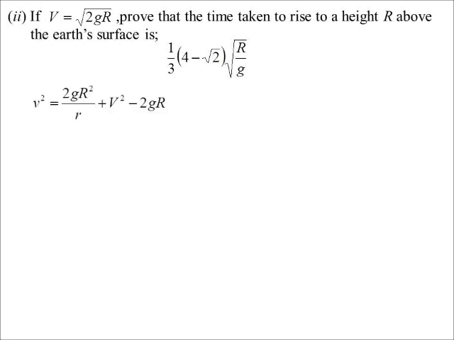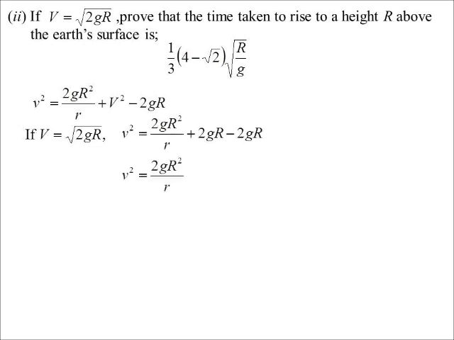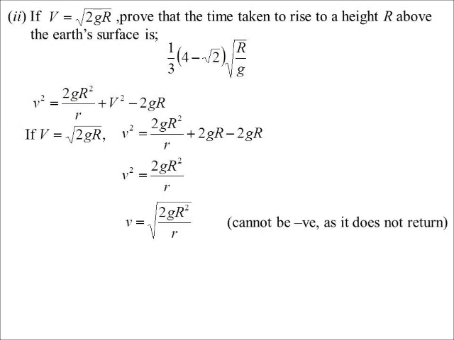Okay, I now know I've got this velocity squared equation. I'm trying to get time into this. Remember, capital V, this makes life very easy, we're assuming is the square root of 2gr. So I substitute that in for V squared, I get a much neater little equation there. So little v squared is 2gr squared on r.